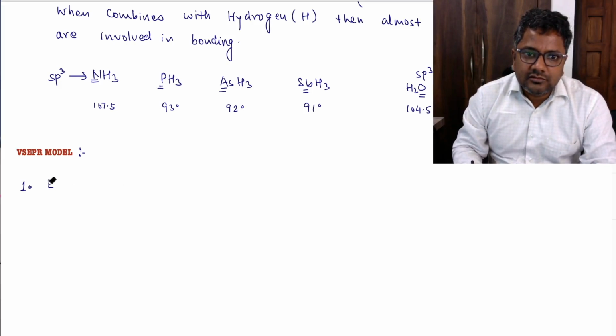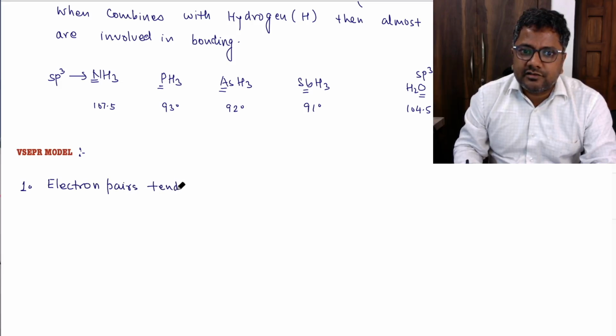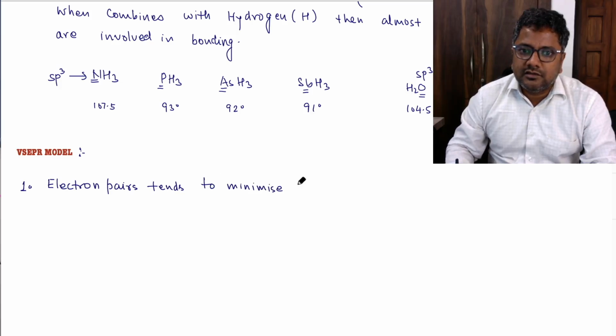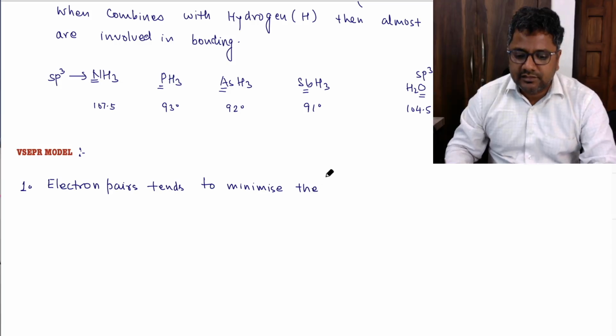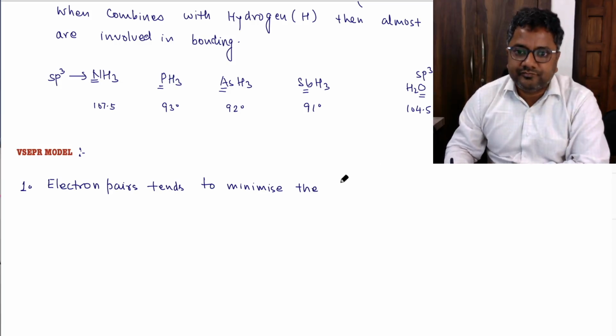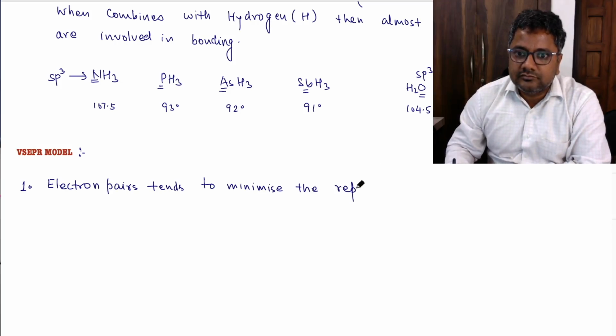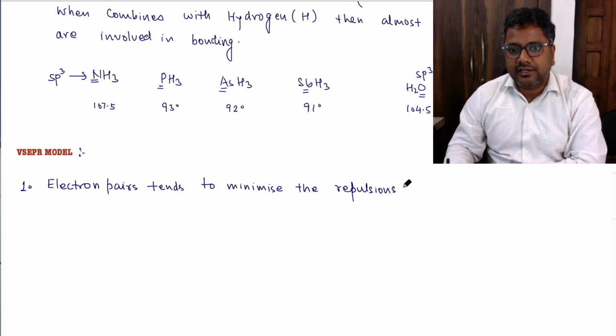Electron pairs tend to minimize the repulsions, right?